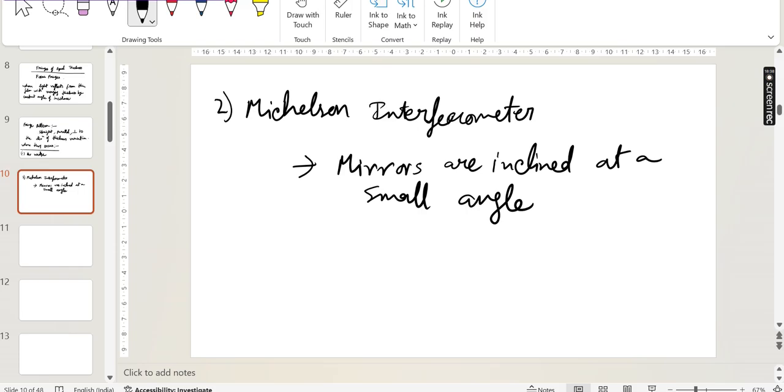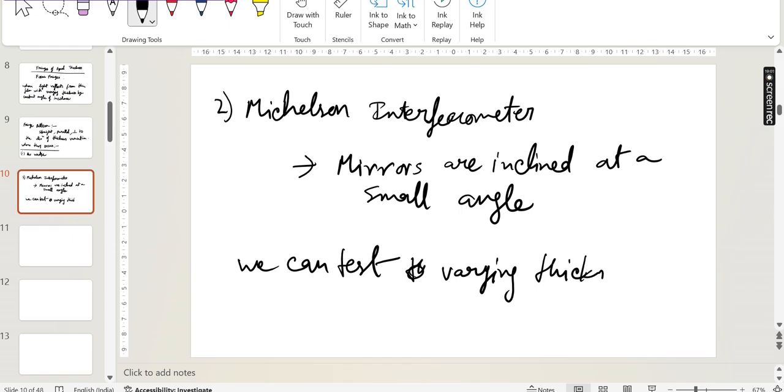And by these fringes, we can test the thickness of air films.